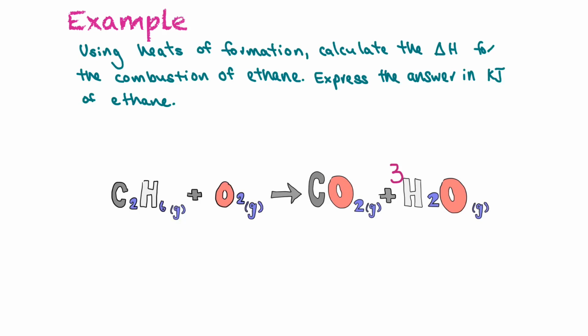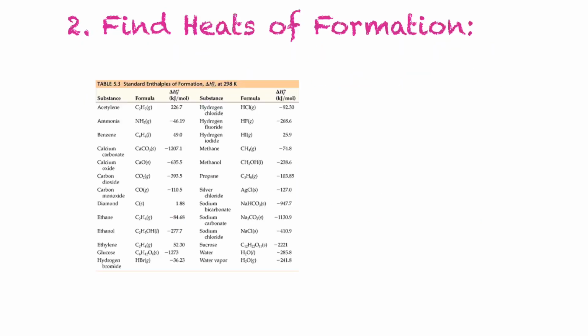We have 2 on the reactant side, so we need to put a 2 here. That now makes a total of 4 oxygens plus 3, that's 7, over 2 to balance that out because we have 2 oxygen atoms over on this side. So this is our balanced chemical equation. These values will come in handy a little bit later.